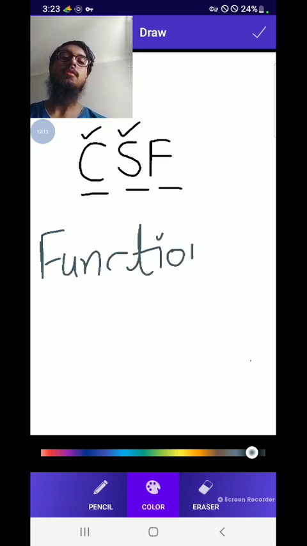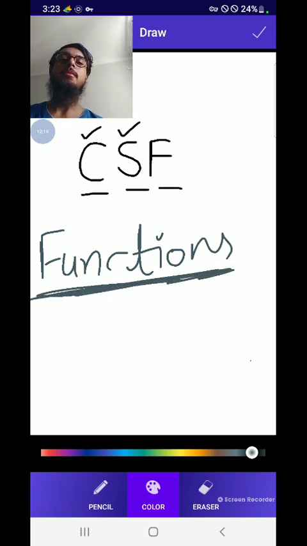What are the functions of CSF? One function, guys, you already know: it provides the nutrients all around the brain and the spinal cord.